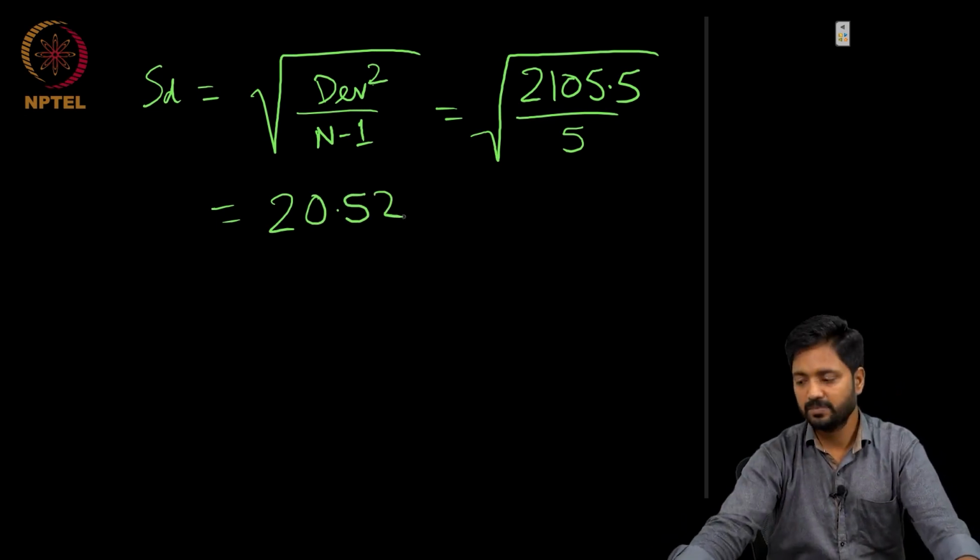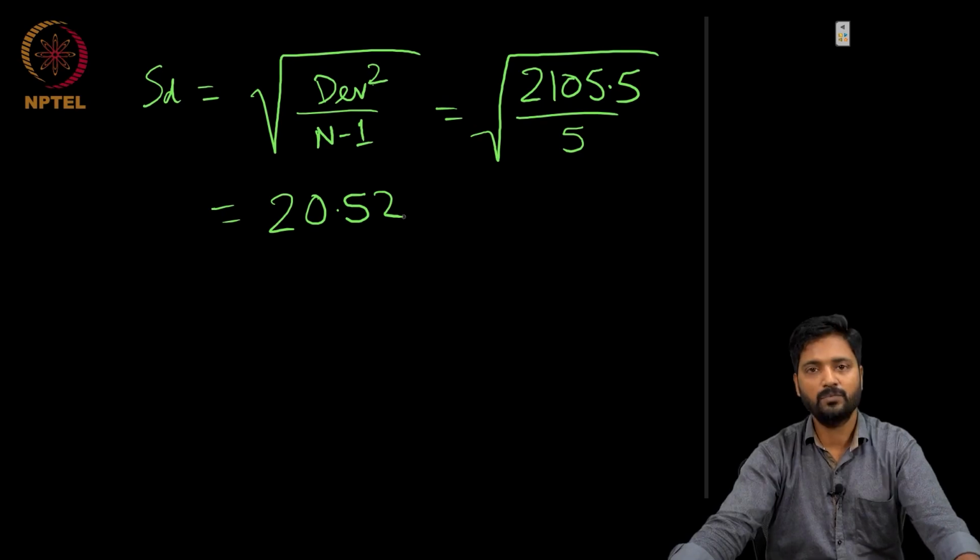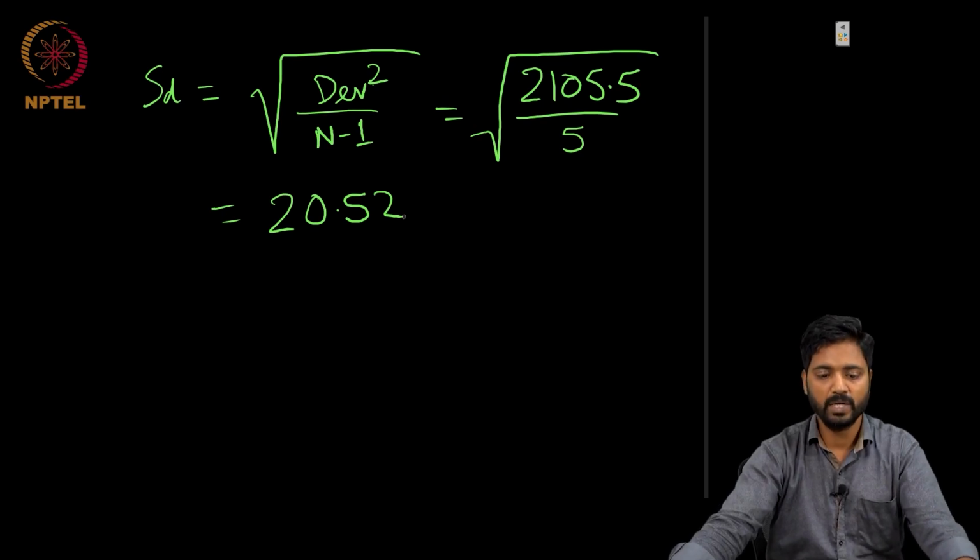So, our standard deviation of the differences between the two methods is 20.52, and the average difference was 2.5.